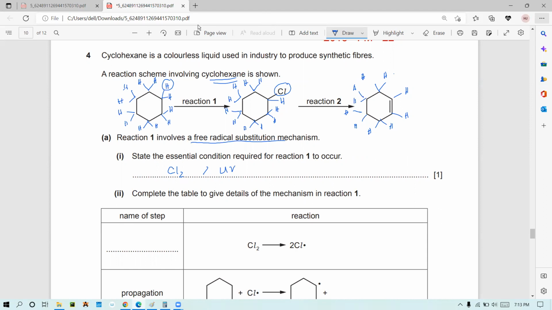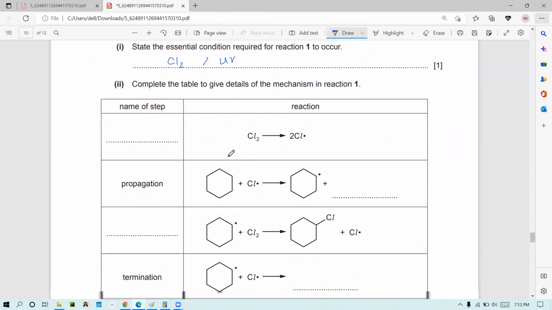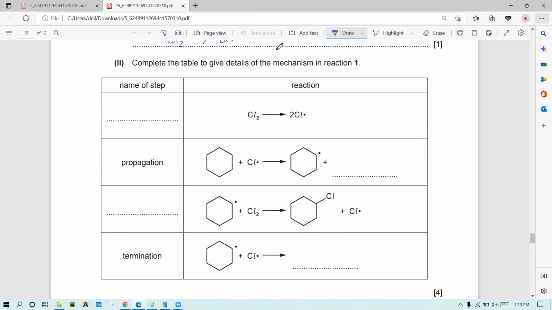Free radical substitution reaction happens in 3 stages. First one is initiation. This is straightforward theory. And then we have propagation and termination. This one is also propagation.